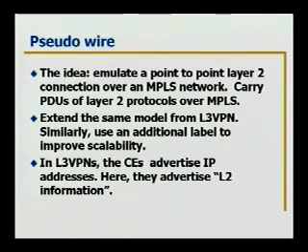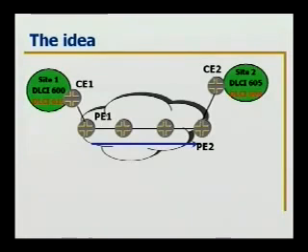What I can have now happen is I can have the remote PEs advertise layer 2 information and VPN labels. And what is going to be the end result of this is that I can emulate a layer 2 point-to-point connection over the MPLS network. And I can carry PDUs of layer 2 protocols over MPLS. So let's see what this looks like.